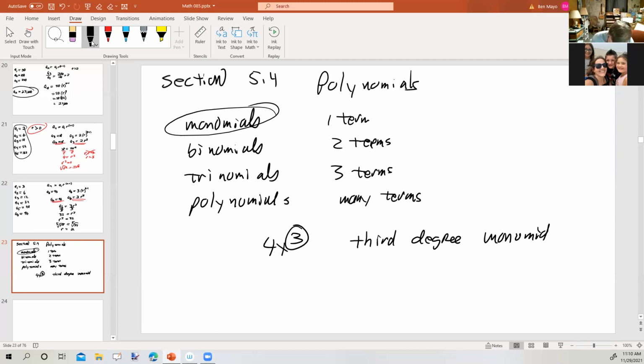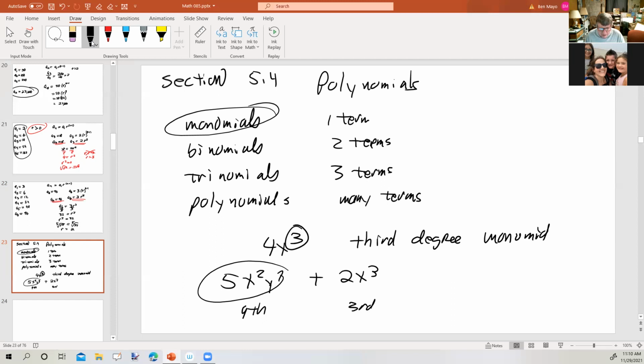Okay, let's say I had 5x squared y to the 7th plus 2x cubed. The degree of the first term is 9th. The degree of the second term is 3rd. So the first term is a 9th degree term. We add all the exponents on all the variables.